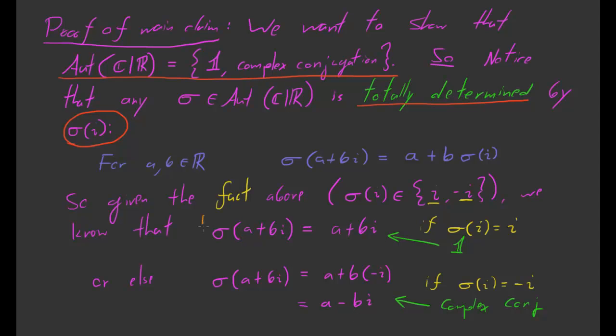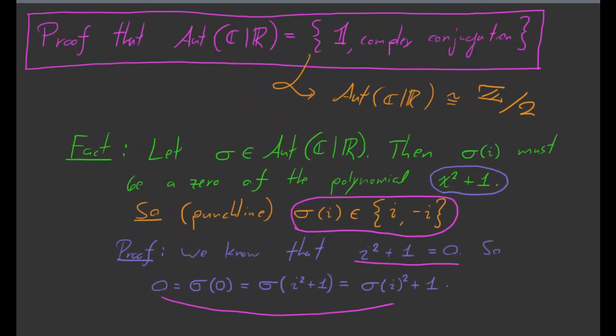Those are the only two possibilities. Option number 1 is just the identity, and option number 2 is just complex conjugation. So we've proven the main claim. We've got what we desired.